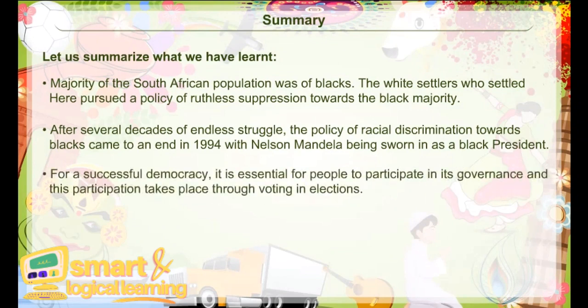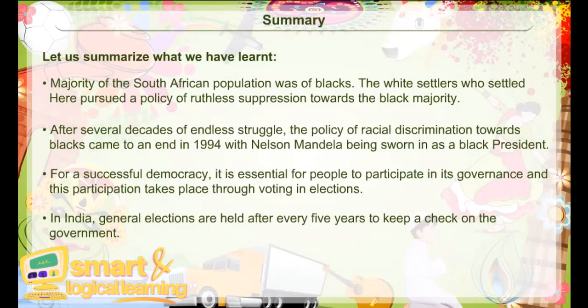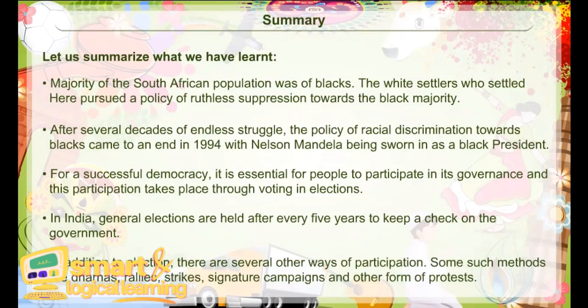For a successful democracy, it is essential for people to participate in its governance, and this participation takes place through voting in elections. In India, general elections are held after every 5 years to keep a check on the government. In addition to the election, there are several other ways of participation.